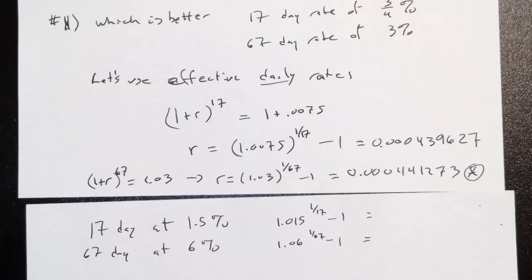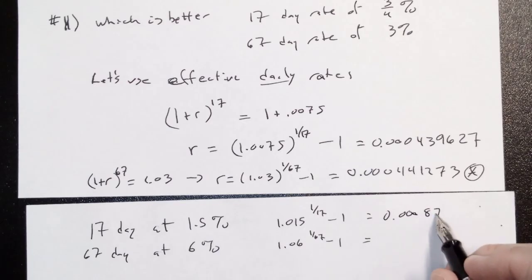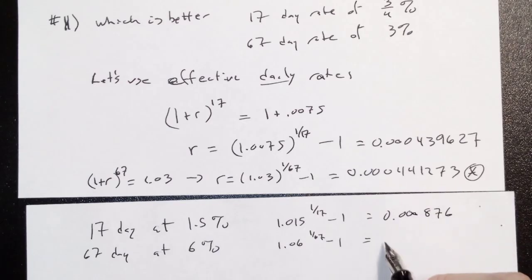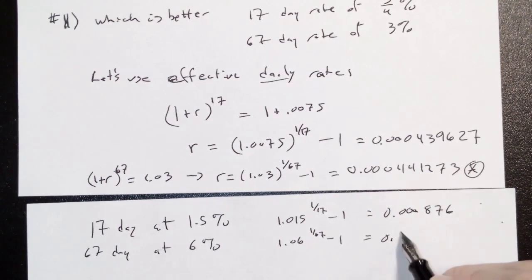Need at least 6 decimal places. 0.00876. And when I do this one, 0.00870.